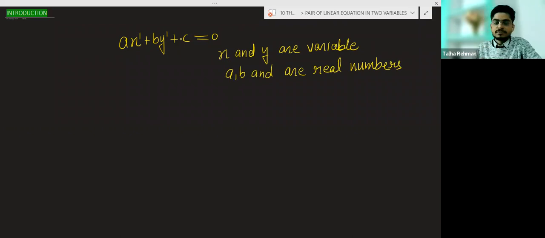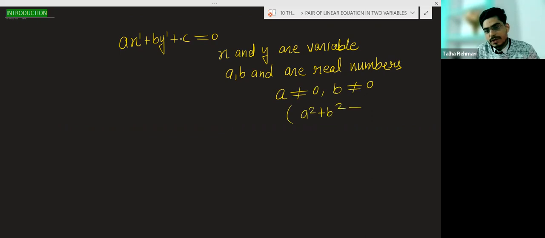And one more thing, this a and b cannot be 0 simultaneously. You can write a square plus b square is not equal to 0. What is the meaning of this?